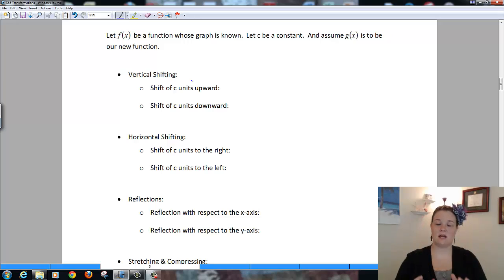So for vertical shifting, that means I'm moving my picture up and down vertically. If I'm moving things up and down vertically, that should be affecting the y variable because the y variable is the vertical axis. Anything being done to the y happens outside the function. So if I want to shift my graph c units upward, I'm going to take my y, which remember is f of x, and add c to it.